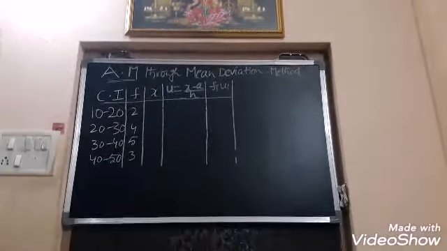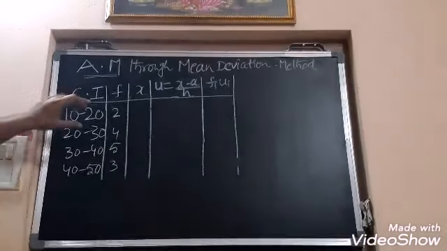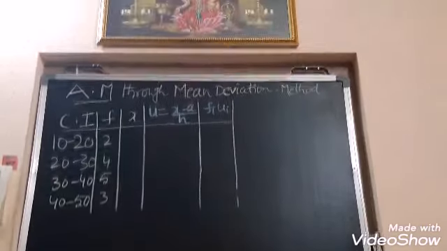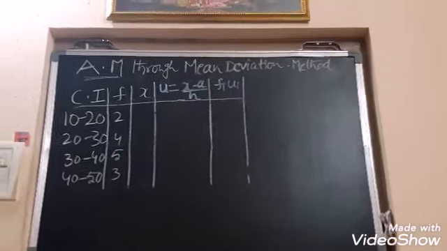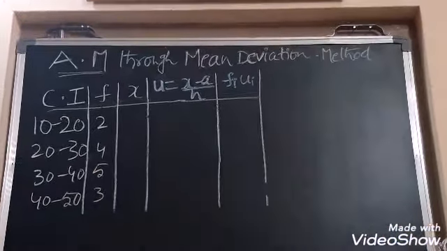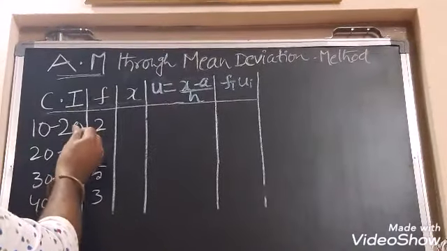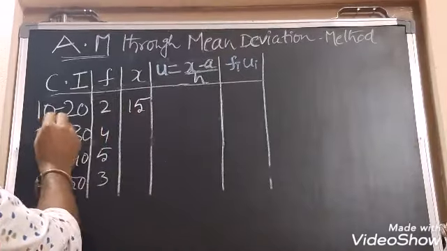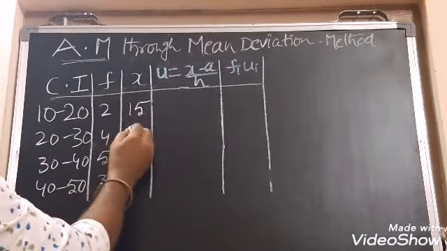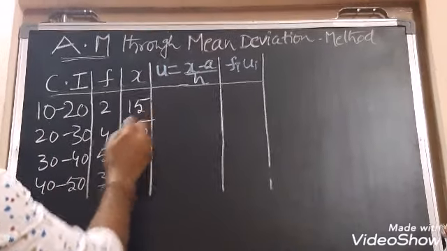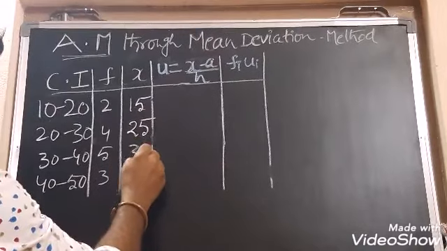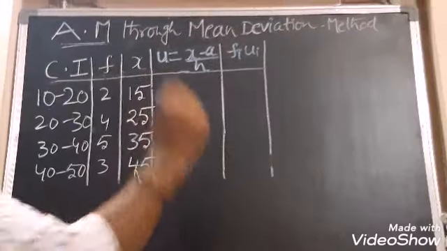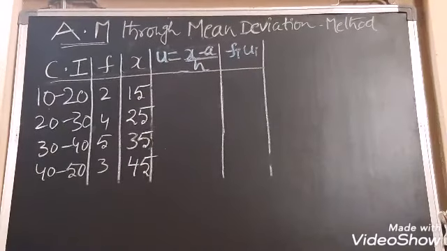Now you see the class intervals 10-20, 20-30, 30-40, 40-50, and the frequencies given are 2, 4, 5, 3. So we'll go for the mid value. What is the mid value for the 10-20 class interval? It is nothing but 15: 10 plus 20 by 2, 15. Next 25, next 35, and next 45. Hope there is no doubt about this.